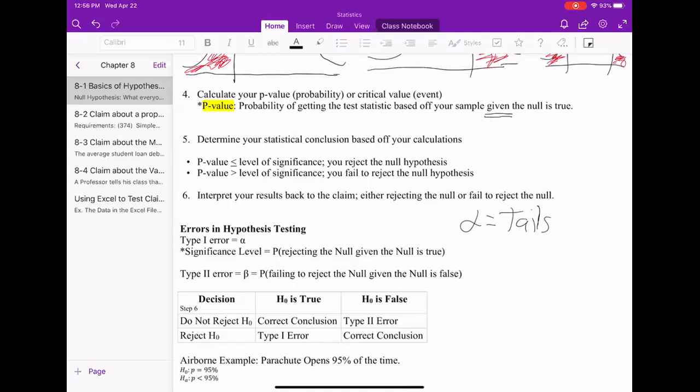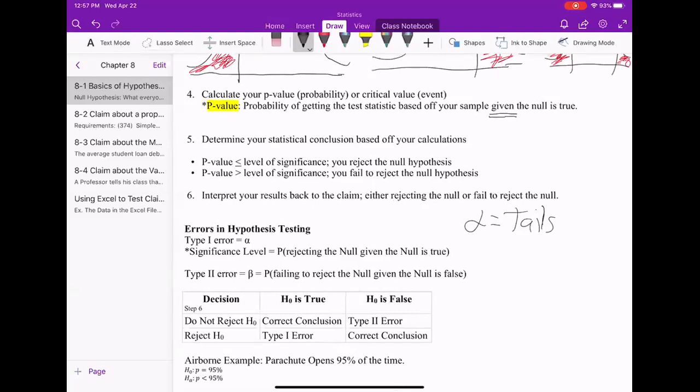And again, how do we find alpha? We know it's in the tails, but we find alpha by doing what? It's 100 minus what? Not the critical value, but the percentage in the middle. Yeah, it's called your confidence interval percentage, right? Your alpha is 100 minus whatever confidence interval percentage you had.